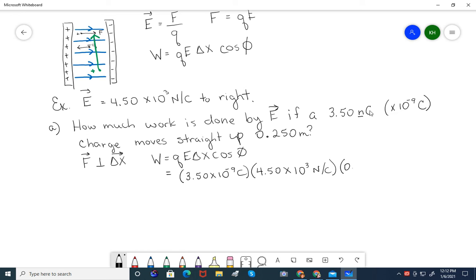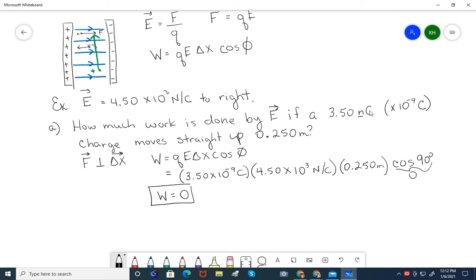Displacement, 0.250 meters. Cosine, and here we get it, our angle is 90 degrees. Cosine 90 is 0. This whole thing is 0. If the displacement is perpendicular to a force, that force is not doing any work.